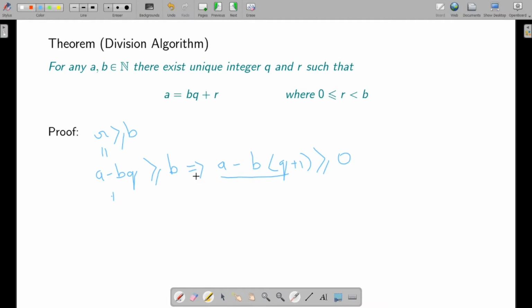Correct? So that is your r minus b will be inside S. Is this a contradiction? Can someone tell me why this is a contradiction?